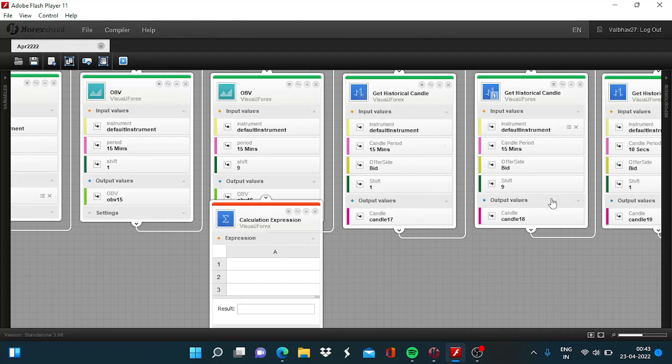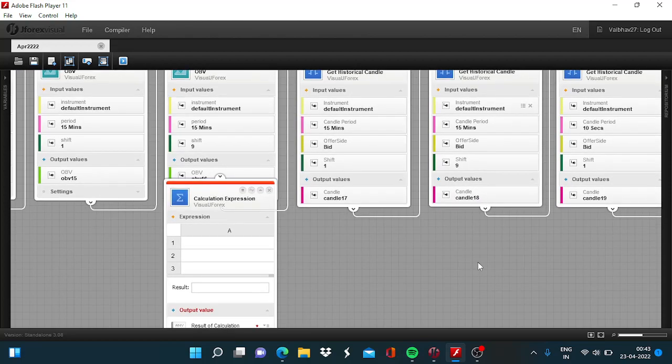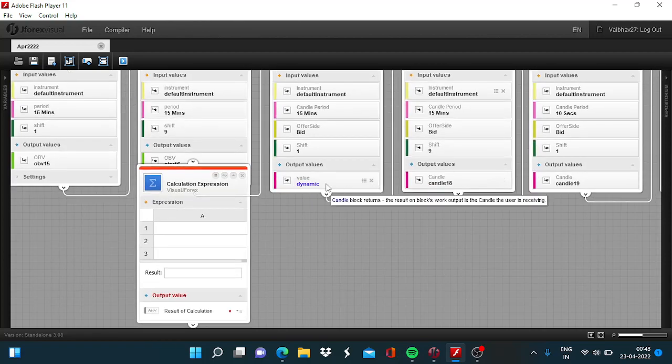That means we have to deduct the candle 17's closing level from candle 18 candle close, and I'm doing this because we have added a condition that the closing value of candle 18 should be higher than the closing value of candle 17, so we have to deduct candle 17 candle close from candle 18 candle close.